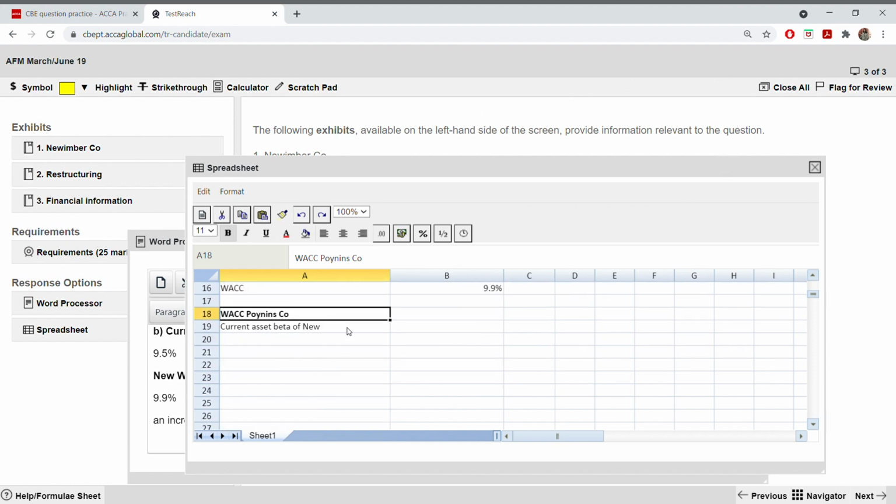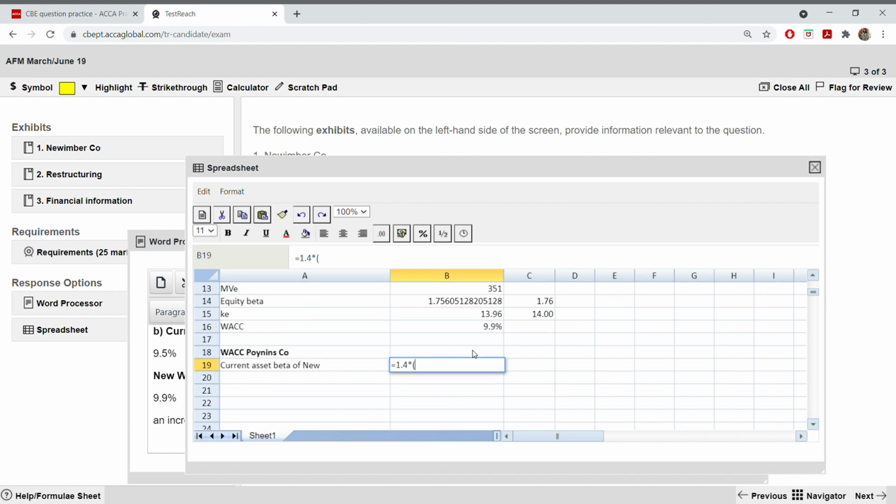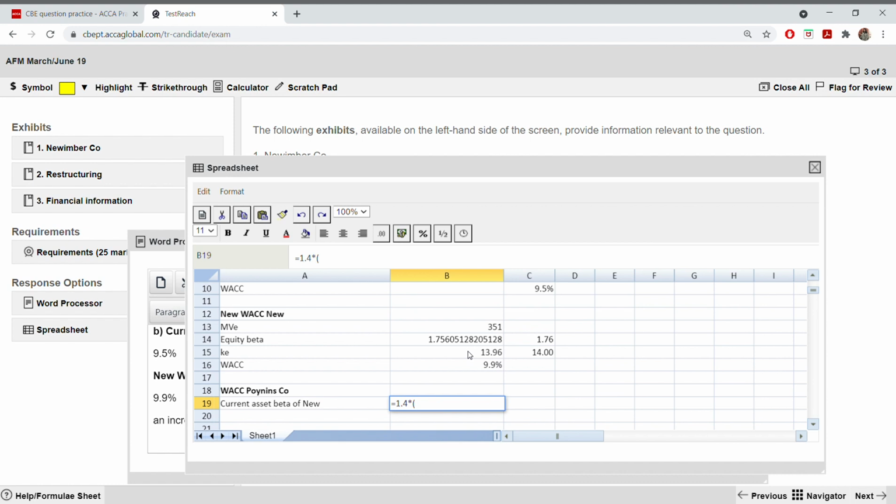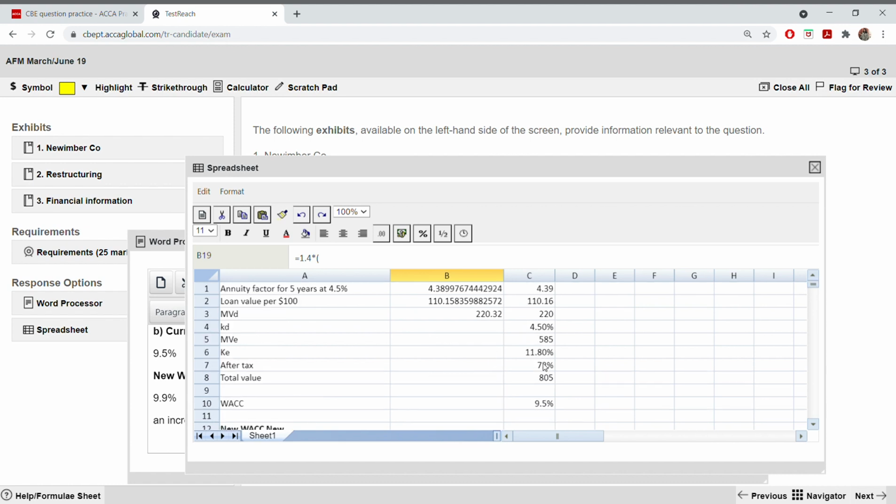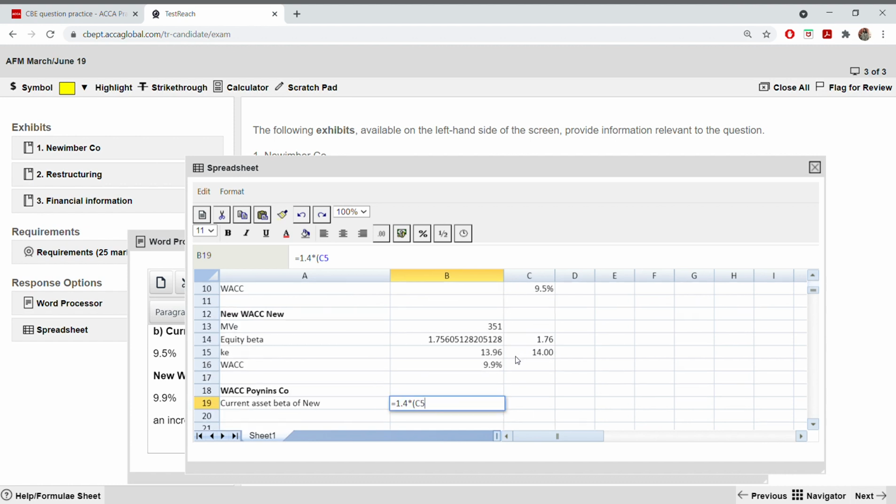So let us go down. Now, the formula: asset beta equals equity beta, which is 1.4, multiplied by 585. That is the market value of equity. Which equity are you taking? Old equity. Currently you are finding the current one. Divide by, again you have to put a bracket, so again it is 585.